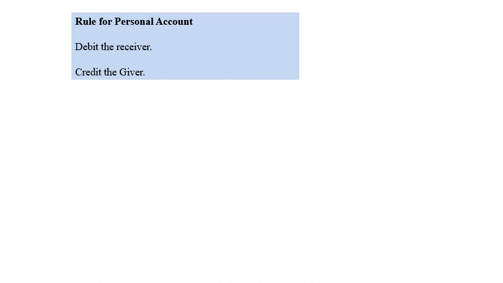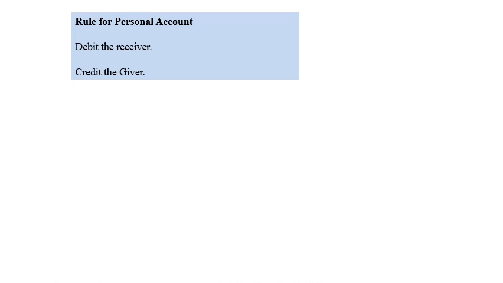Rules for personal account: debit the receiver, credit the giver. This is the rule for personal account. If a person is receiving, then that receiver should be debited, and if it is the giver, then it should be credited. Let us understand with one example. Mr. X has purchased goods from Mr. Y on credit basis.